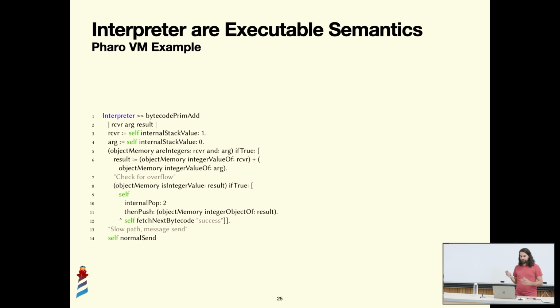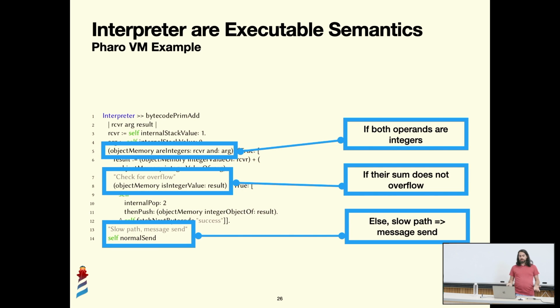So here we have some part of the semantics of the language. We are checking that both things need to be integers, that the sum should not overflow, and what happens if this does not hold: we execute a slower path that just does a message send.